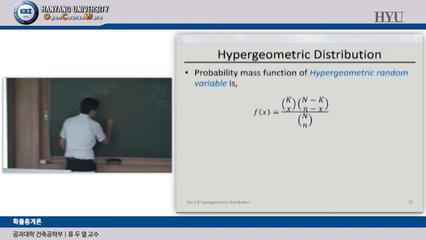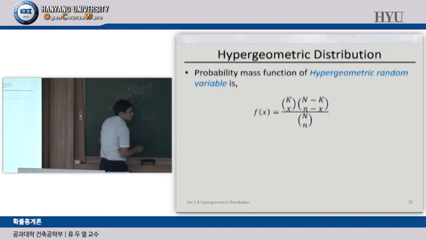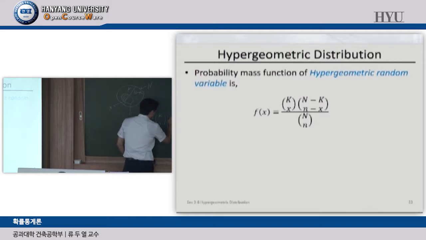So the probability mass function for the hypergeometric distribution can be K choose X times N minus K choose n minus X, multiplied by 1 divided by N choose n.